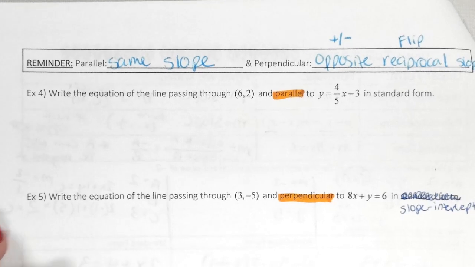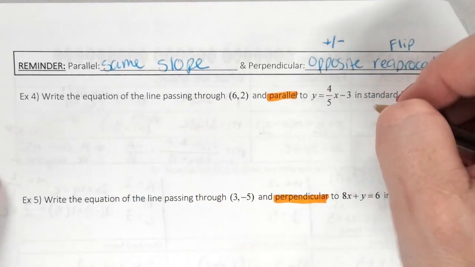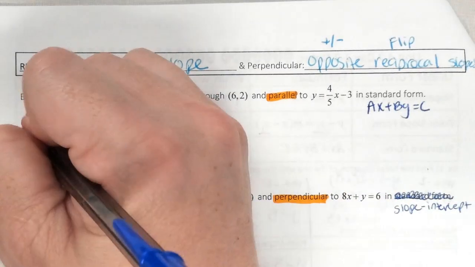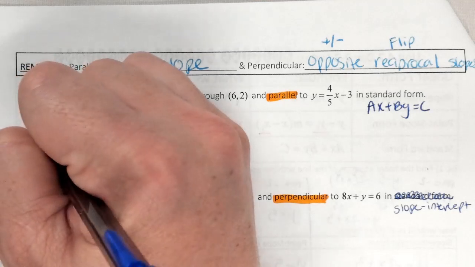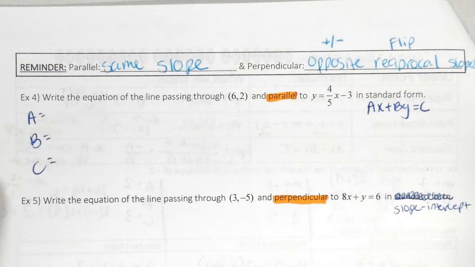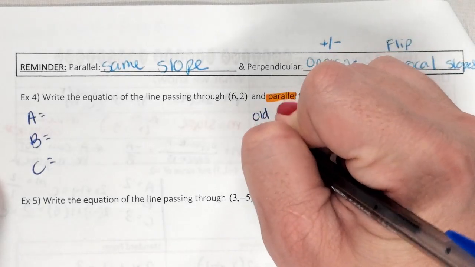So if we look at example 4, it says write the equation of a line passing through (6, 2) and parallel to this equation in standard form. So I know I'm writing it in standard form, Ax plus By equals C. So I know I need to find A, B, and C. Well, my old slope is what?